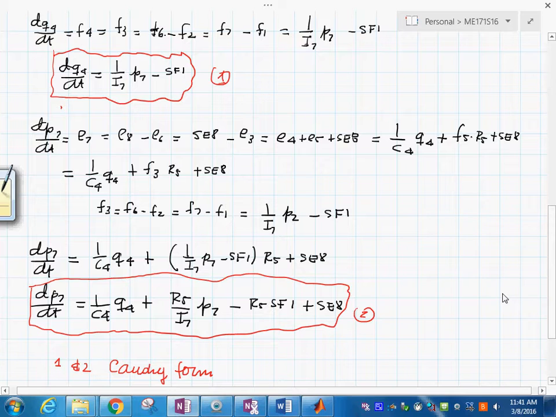So the Cauchy form of the differential equations of any system are forms that are in terms of the state variables and the inputs.